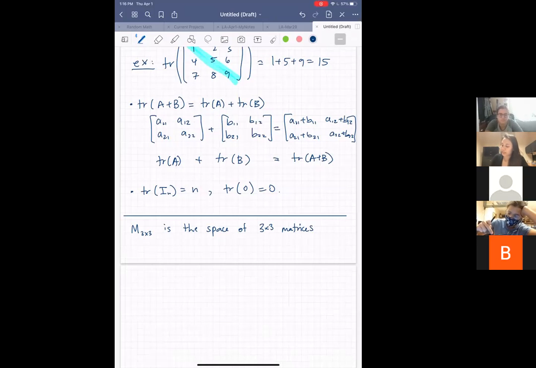Yeah, exactly, we can add that to our list as well, because when we take the transpose, it does not change the main diagonal.